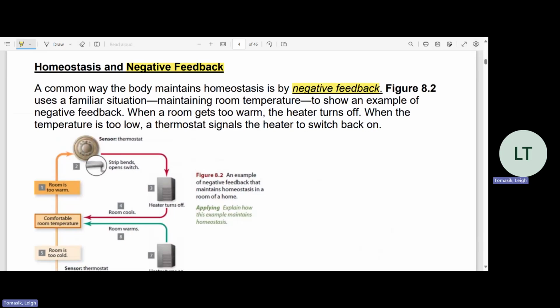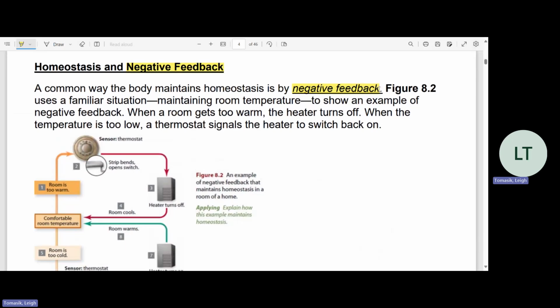Negative feedback is a system that will prevent your body from going too far from its ideal temperature or its ideal pH. It's a system where if something changes, the system works to bring it back to where it was.